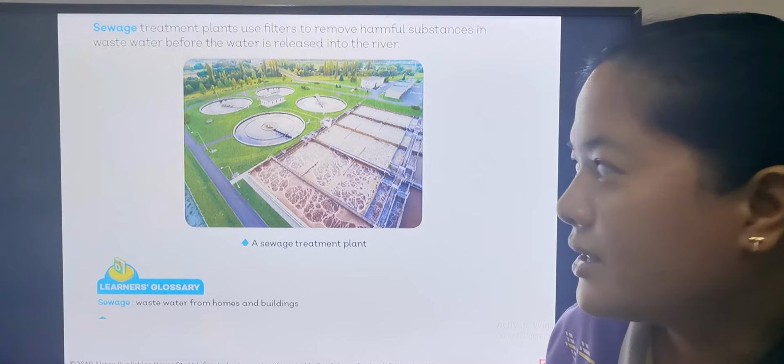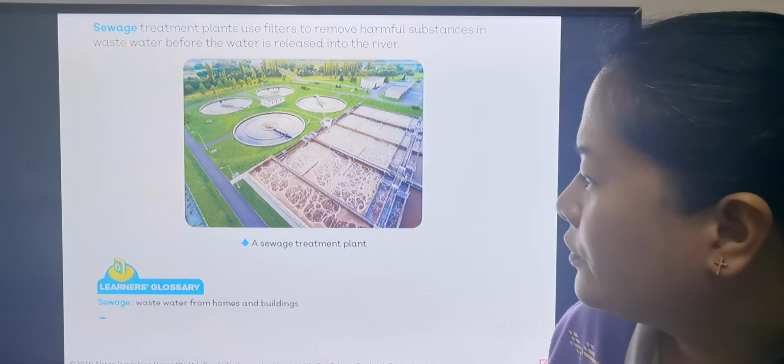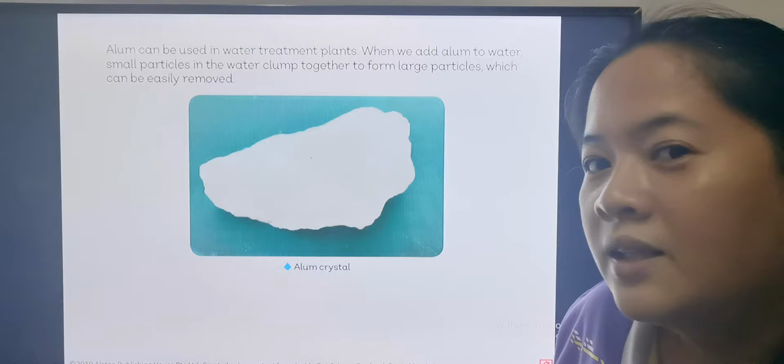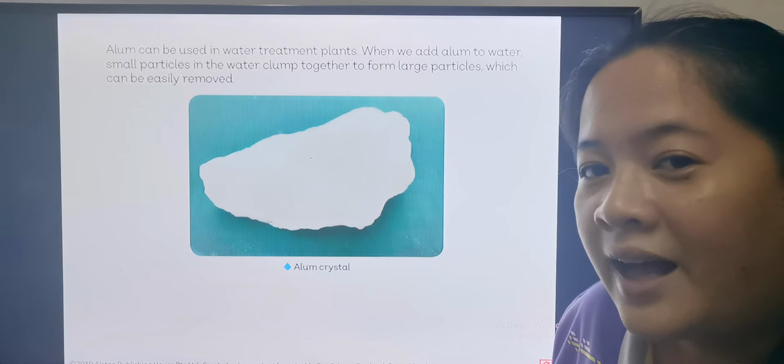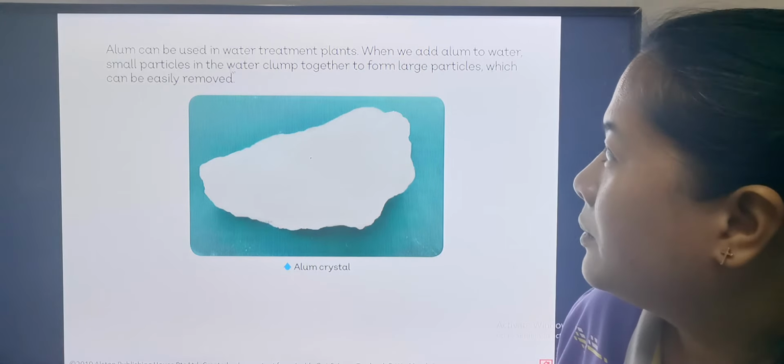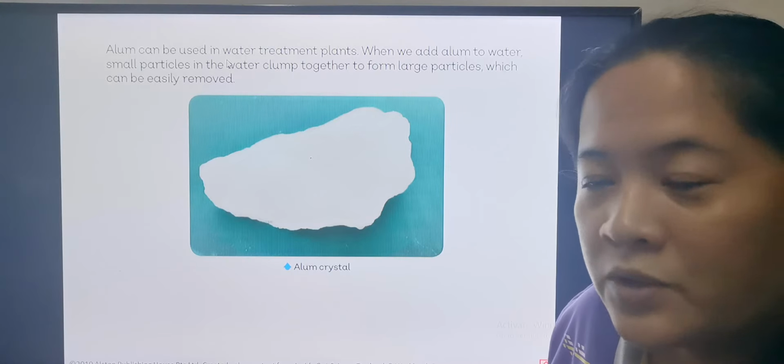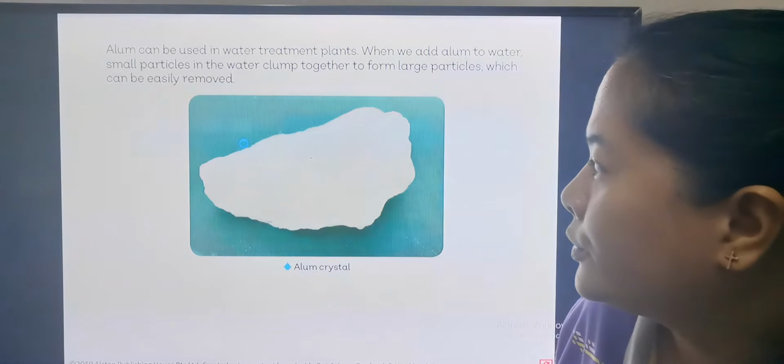Sewage treatment is an example of using filtration. A surgical mask can filter the dust from the gas. A coffee filter can separate the coffee grounds from the coffee. And precipitation is a technique when we add alum to make the small particles clump together so that it's easier to remove.